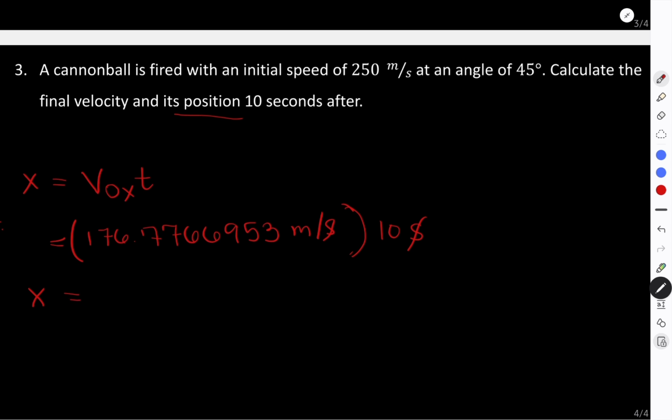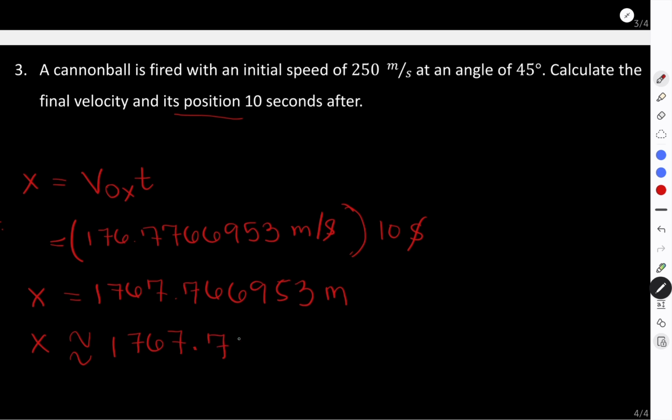Then for x, you simply move the decimal to the right once. That's why we come up with 1767.766953 meter. It means approximately 1,767.77 meter.